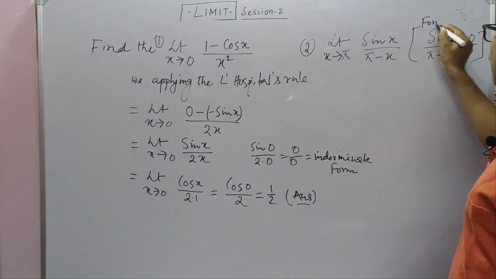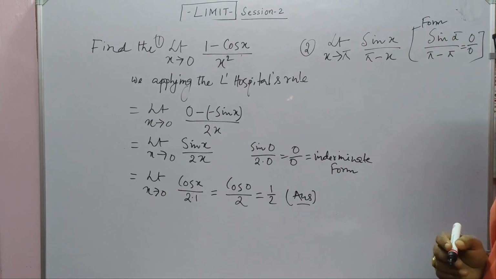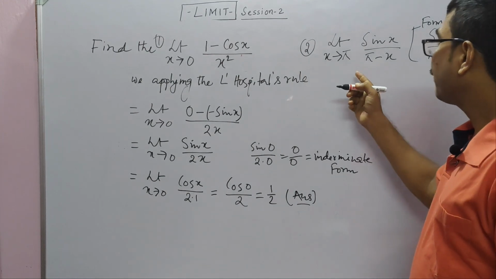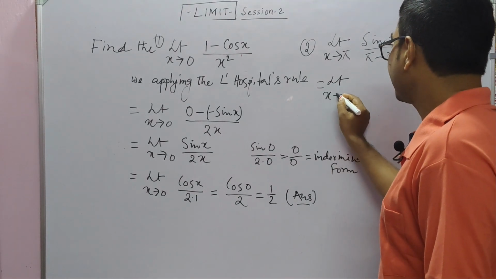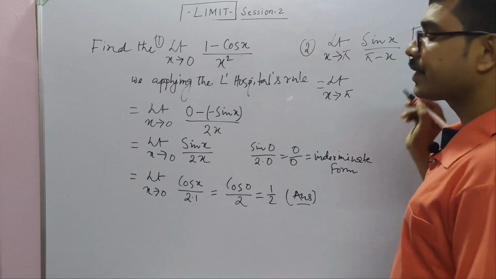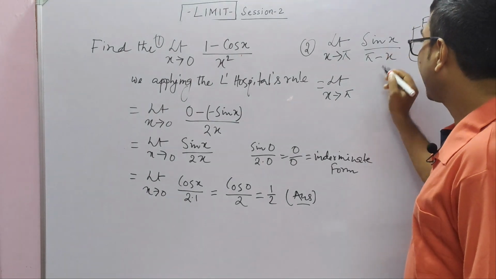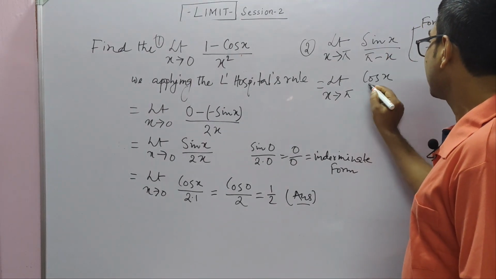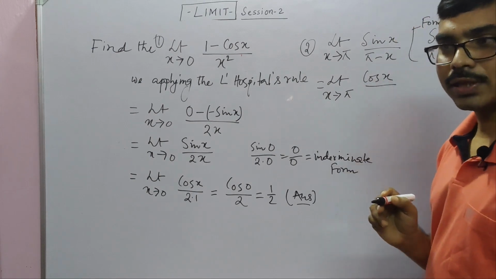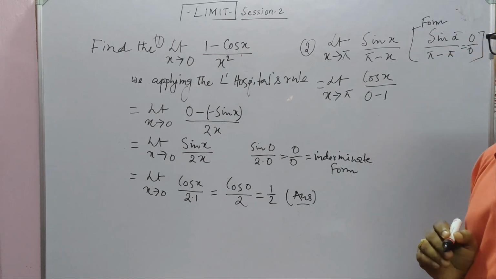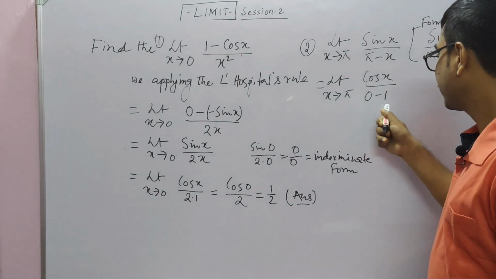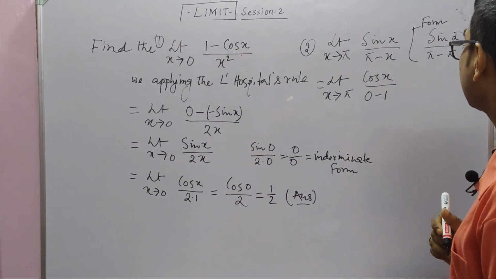Now we apply L'Hopital's rule: limit x tends to pi, the derivative of sin x is cos x, and pi is a constant term, so its derivative is 0. Now the derivative of x is minus 1.